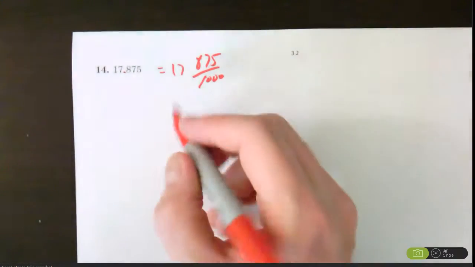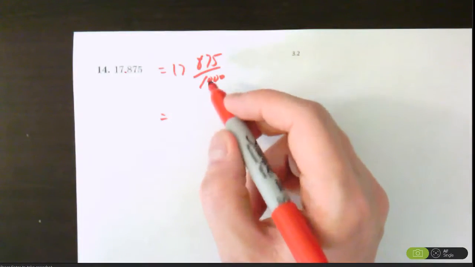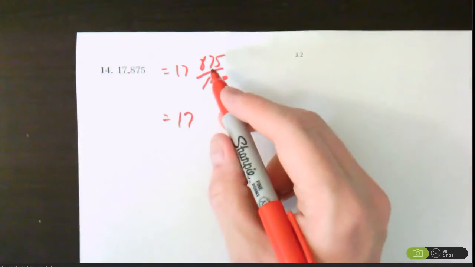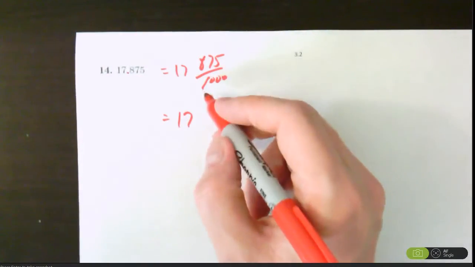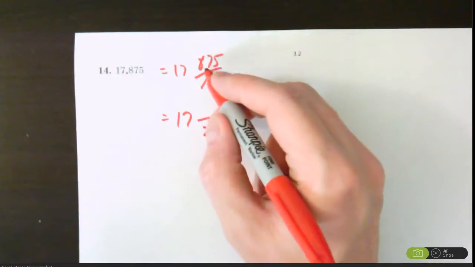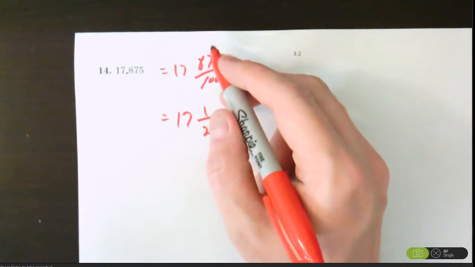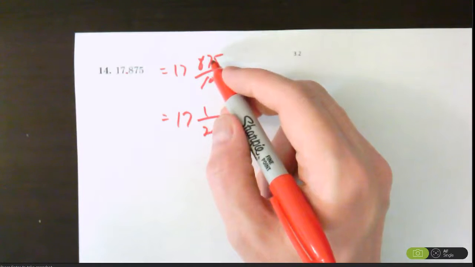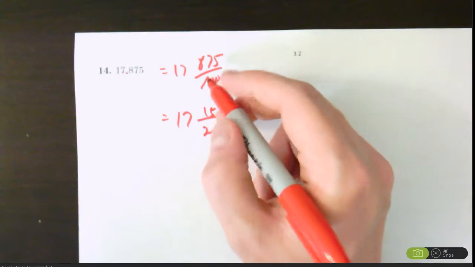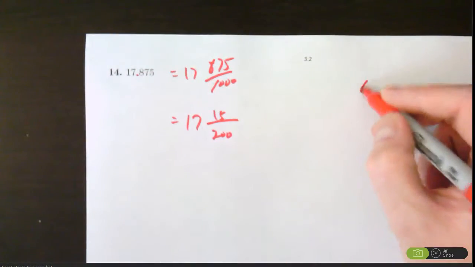Now I can divide both of those by 5, because it's not even, so I can't divide it by 2. This becomes 200 down here. Let's see, 875.